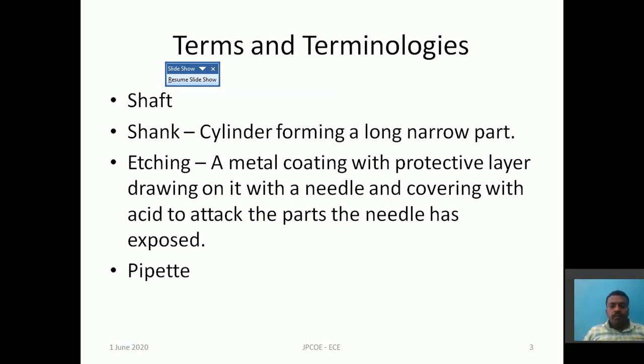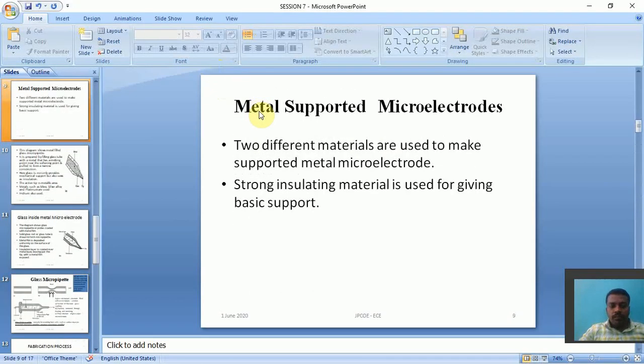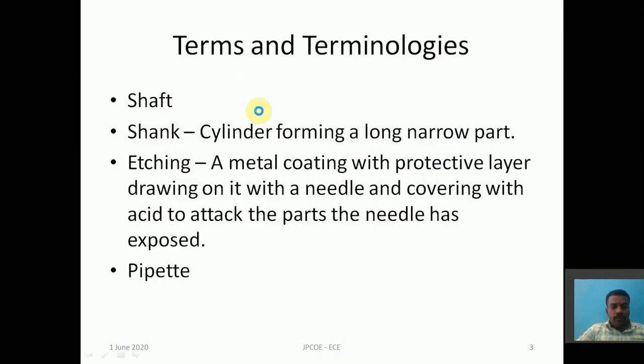So terms and terminologies. Here we are going to see different terms. First one, shaft. The shaft is the body of the electrode, in a rounded shape.